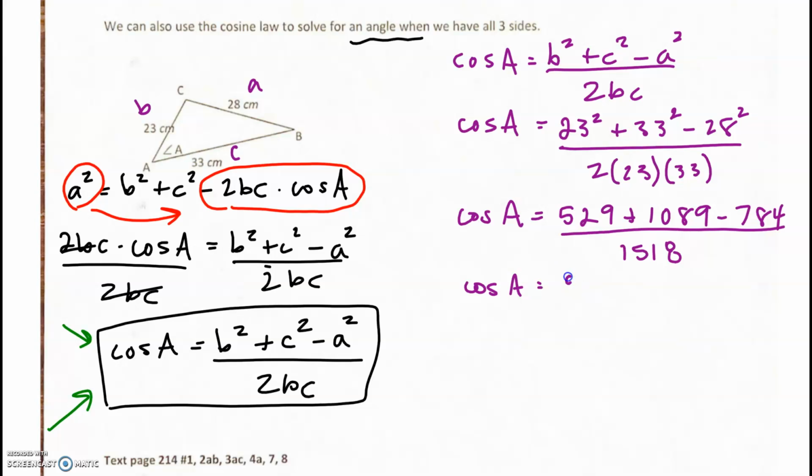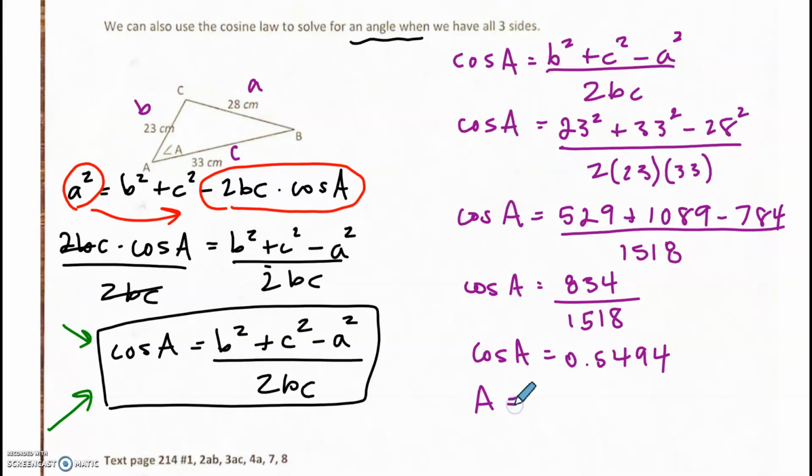So that is going to be 834, and that's divided by 1,518. Our next step is to divide those two numbers. And remember, we keep 4 numbers after the decimal. So 834 divided by 1518 is 0.5494.